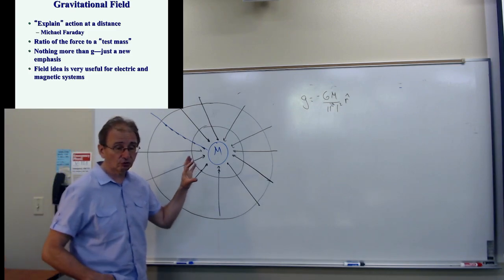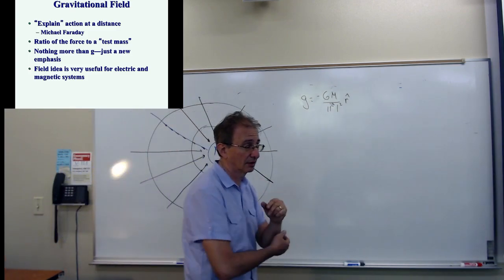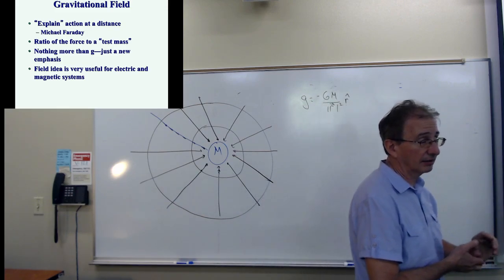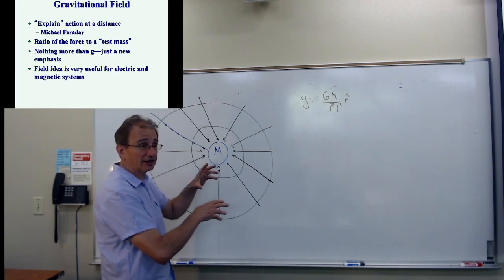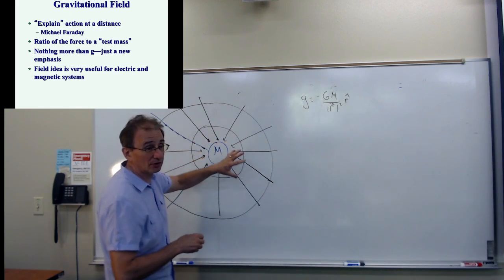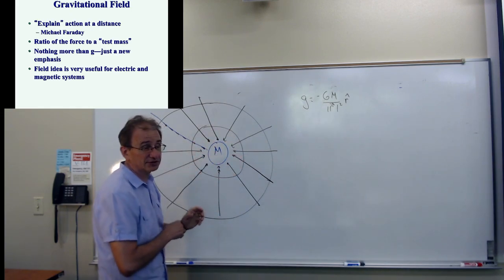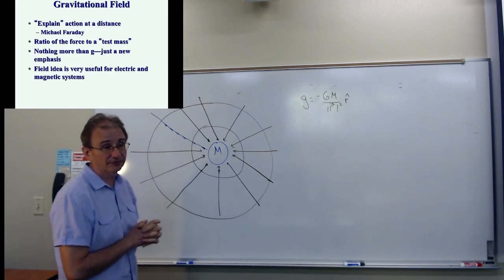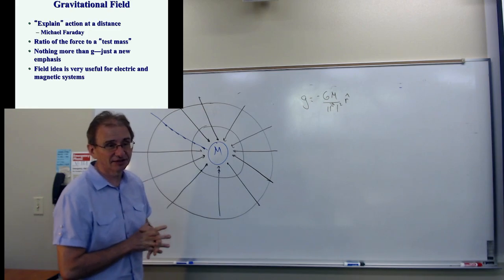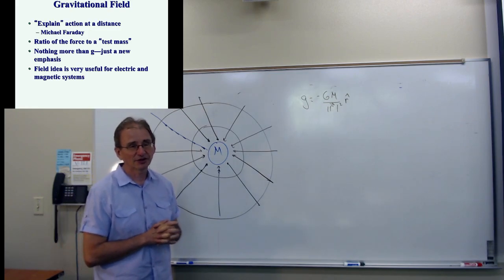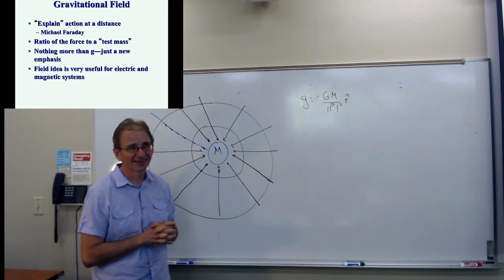And you can derive an equation that relates that, where you calculate the total number of lines going through the surface. You'll see it's related to what's inside. You'll learn that in 210. I won't do it here.